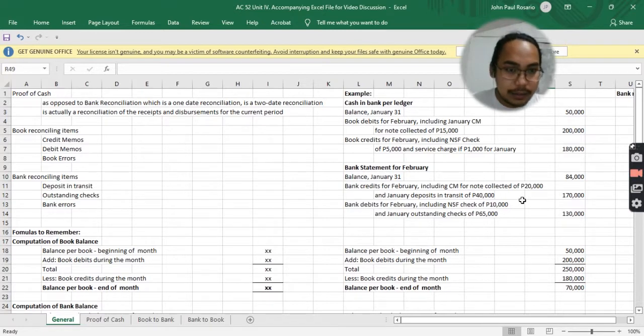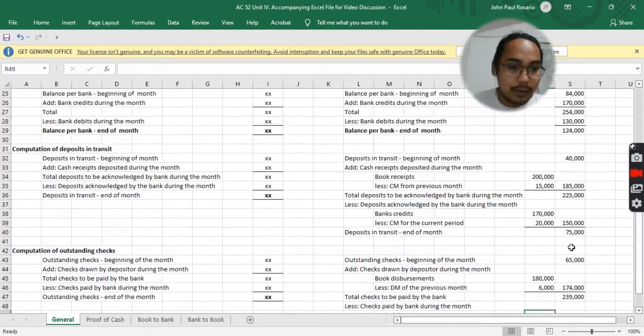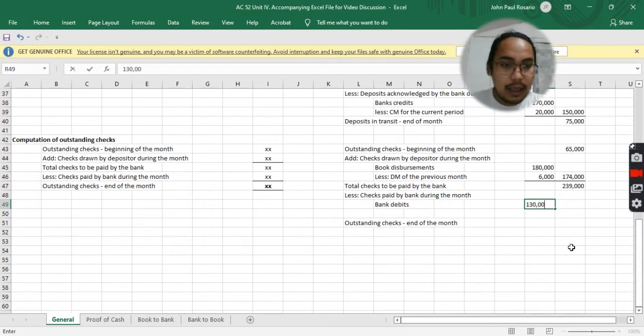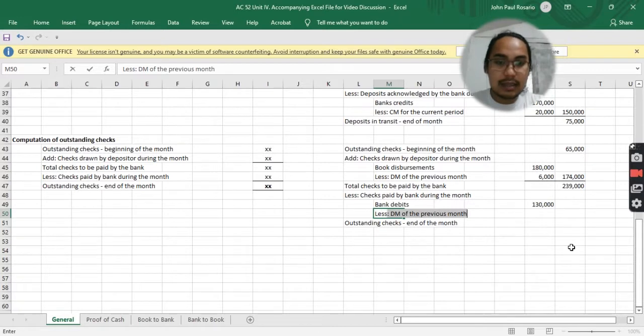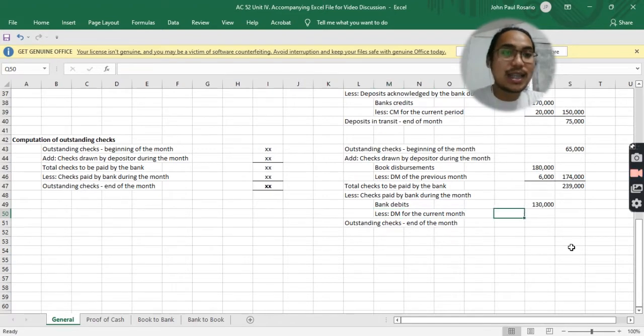Total bank debits is 130,000. But take note that we need to deduct the debit memos for the current month, because those are decreases in your account that do not involve check encashment. So what are these?